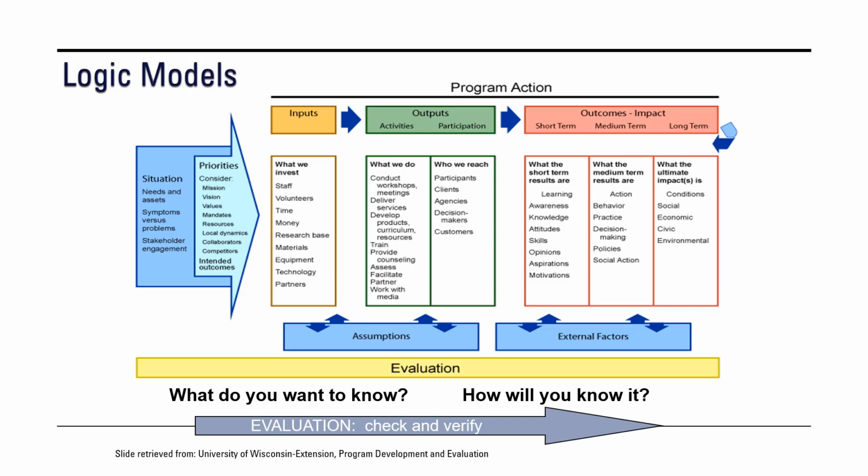Next, you also want to make sure to consider the inputs of an organization, and this is what we invest in our programs. The types of investment can include things such as the staff members, volunteers, the investment of time and money, the research base that helps to support these efforts, the materials needed to deliver services, equipment, technology, and partners.